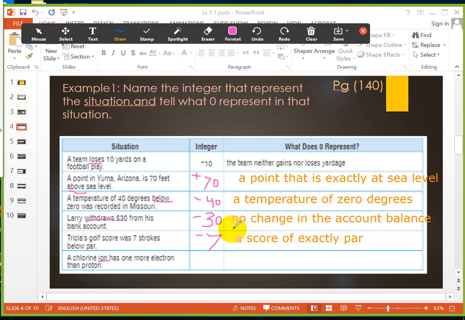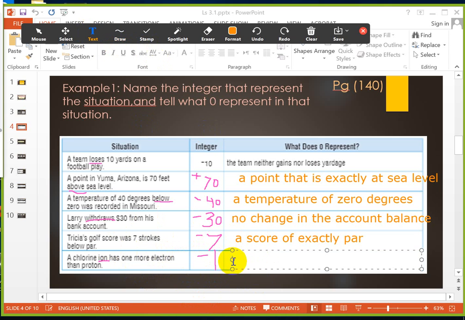Electron, girls, not proton. Negative. Very good, Farah. I have negative 1. That means I have one more electron. The sign for the electron will be negative.